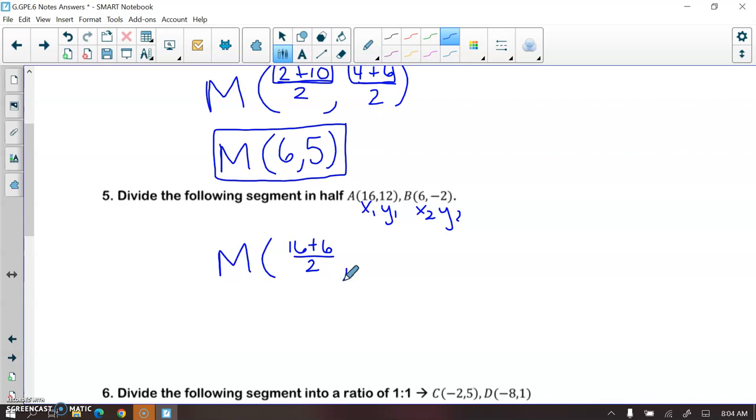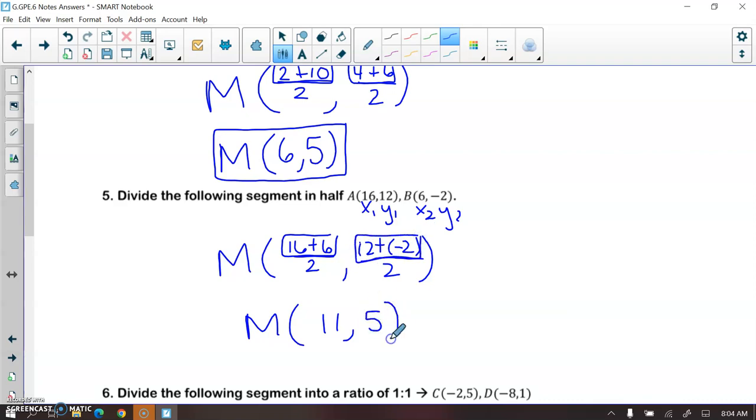And then for the y value, y1 plus y2 divided by 2. Simplifying to find the actual point, 16 plus 6 is 22, and 22 divided by 2 is 11. 12 plus negative 2 is 10, and 10 divided by 2 is 5. So that's my midpoint.